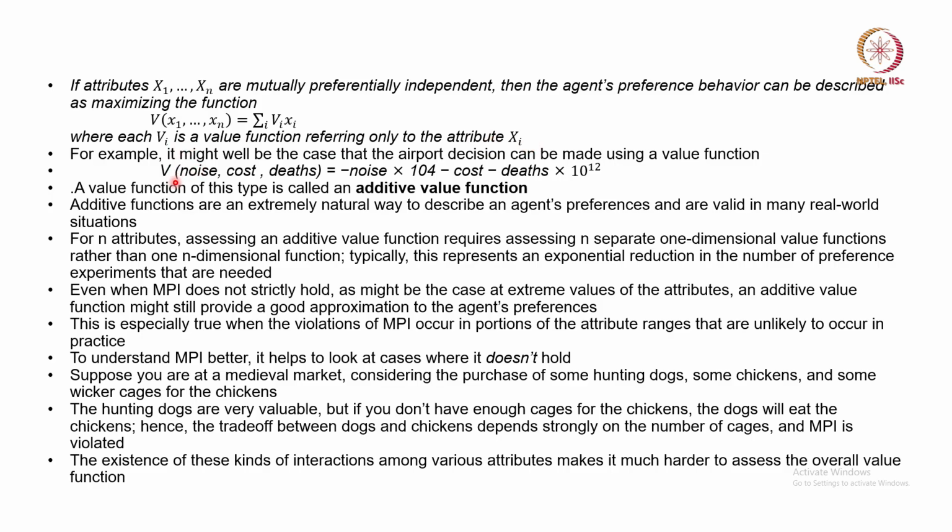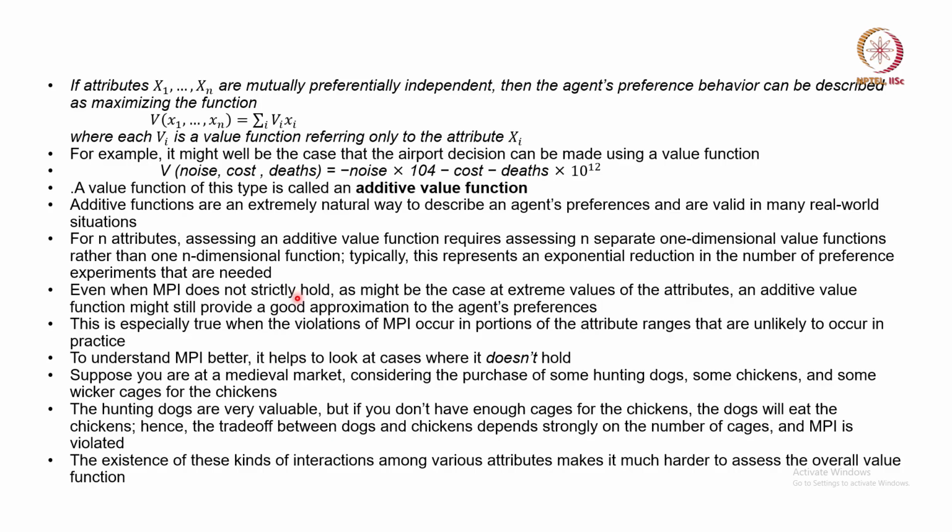So suppose you have three variables, x1 is noise, x2 is cost, x3 is deaths. So we can say it's something like V1 times noise, that is some constant times noise, and some constant times cost and some constant times deaths. So you may get a function like this. Okay. So this is called an additive value function. Okay. So what you can do is you can sort of add them together, right? So that is one thing.